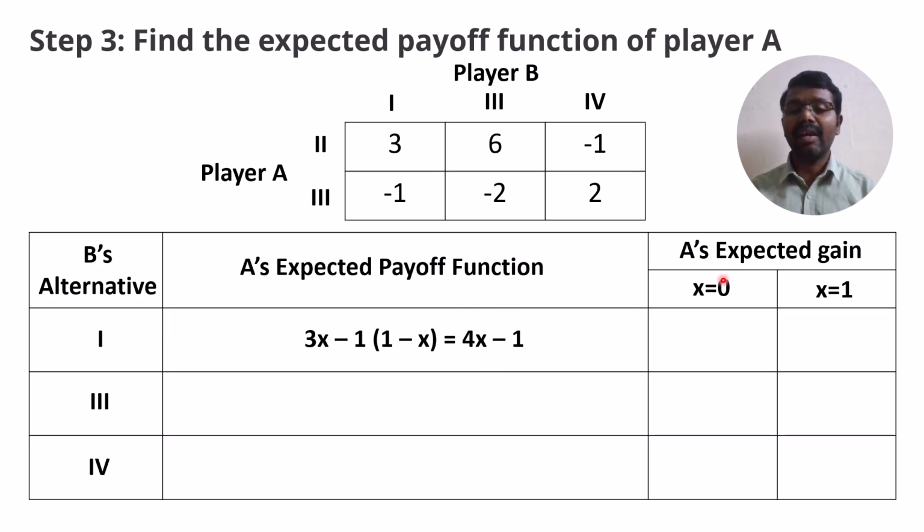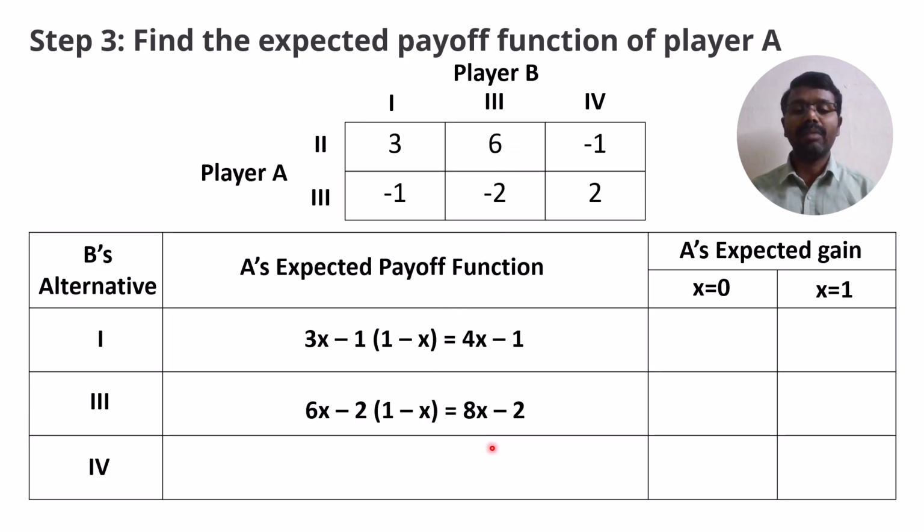Now let us see A's expected gain. At x is equal to 0, the payoff function becomes minus 1. Now for the next alternative, the expected payoff function will become 6 into x minus 2 into 1 minus x.